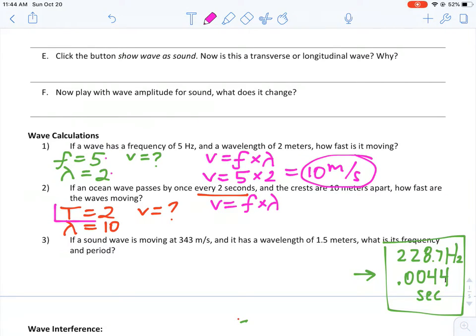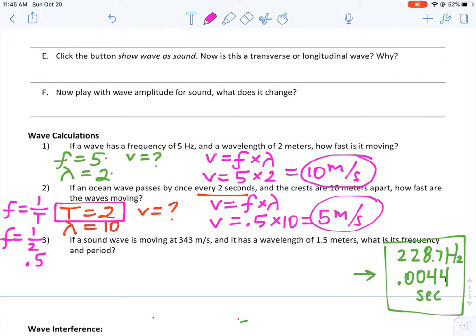However, we have something that directly relates to frequency. And period is just 1 divided by frequency, or frequency is 1 divided by period. So frequency is 1/2 if the period is 2. We could also say it's 0.5. Now that I know the frequency and the wavelength, I just multiply them. And we get 5 meters per second.